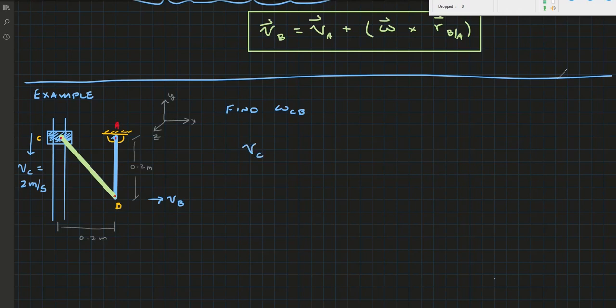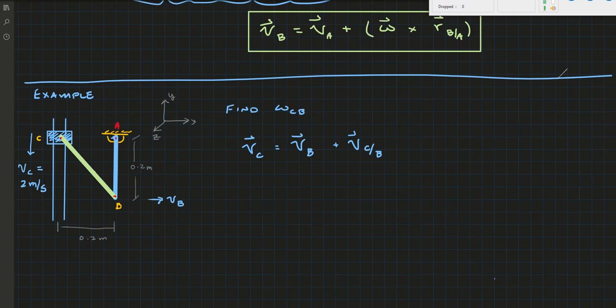Let's rewrite it in terms of our letters. So the velocity of C equals the velocity of B plus the velocity of C with respect to B. Now, as a side note, we could have done the velocity of B equals the velocity of C plus the velocity of B with respect to C. And the difference in our setup here is the directions that our different position vectors go.